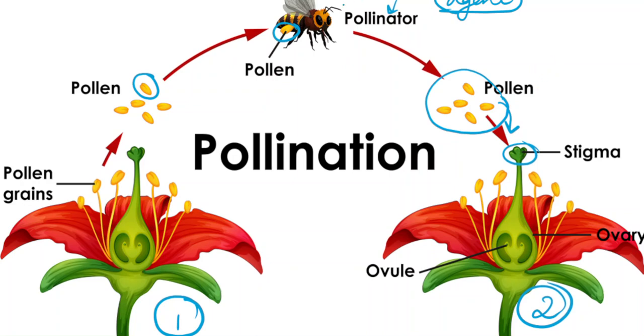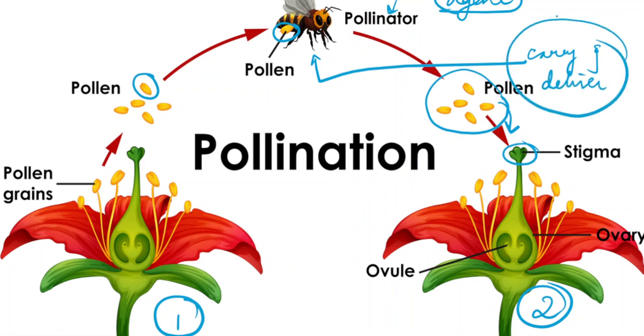And the one who helps in carrying and delivering the pollen is like the delivery boy, the person who brings the parcel, or brings food from a hotel to your house, or from one place to another. The person who is carrying and delivering the thing is known as an agent.